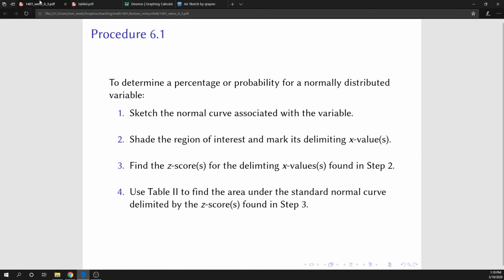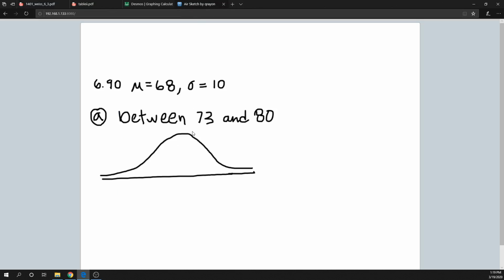Next, shade the region of interest and mark its delimiting values. We want the region between 73 and 80. The mean will be right here in the middle at 68, and 73 will be somewhere over here to the right. Again, this doesn't have to be super accurate.